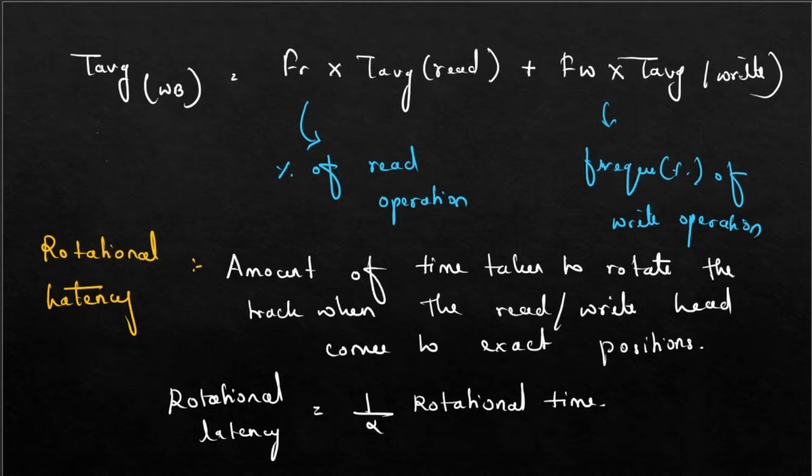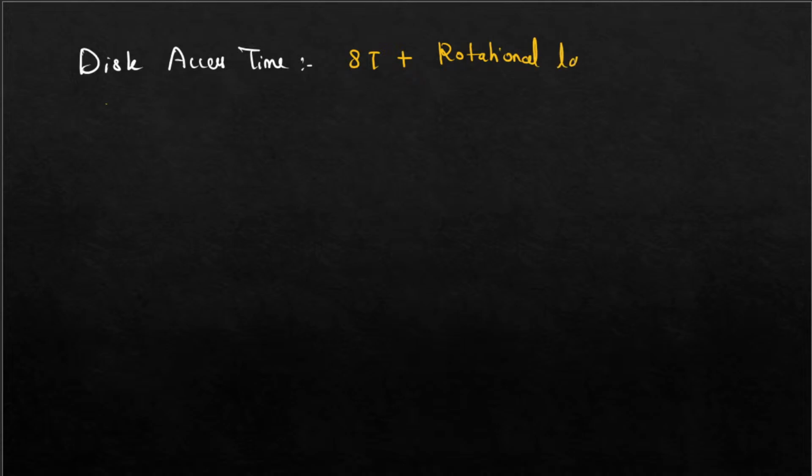Alright. After that we will see disk access time. Disk access time is seek time St plus rotational latency plus DTT plus overhead.